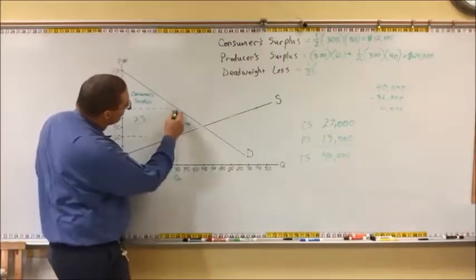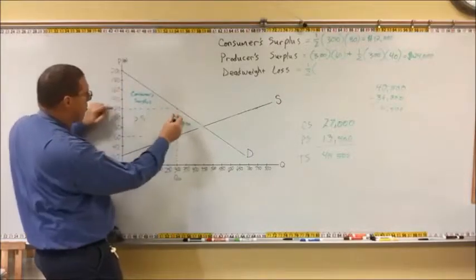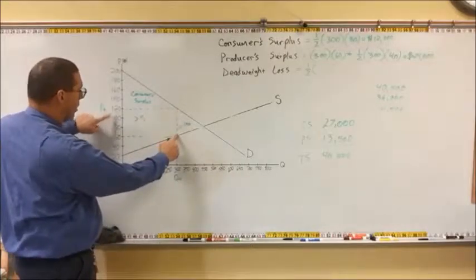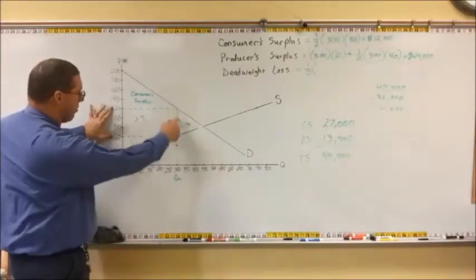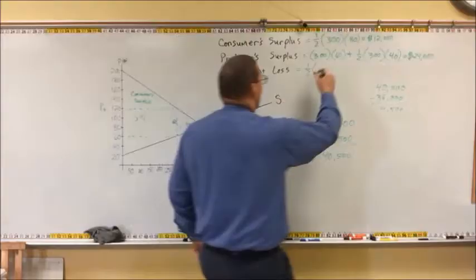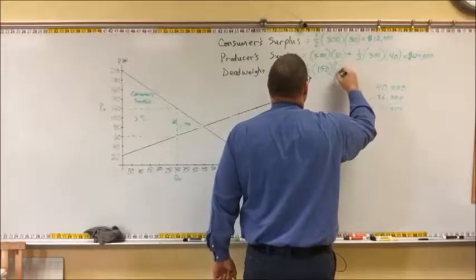And then the base is the distance from here to here. That's a price of 120, and this price down here is a price of 60. 120 minus 60, that distance right there is 60. And so it's going to be 1/2 times 150 times 60.